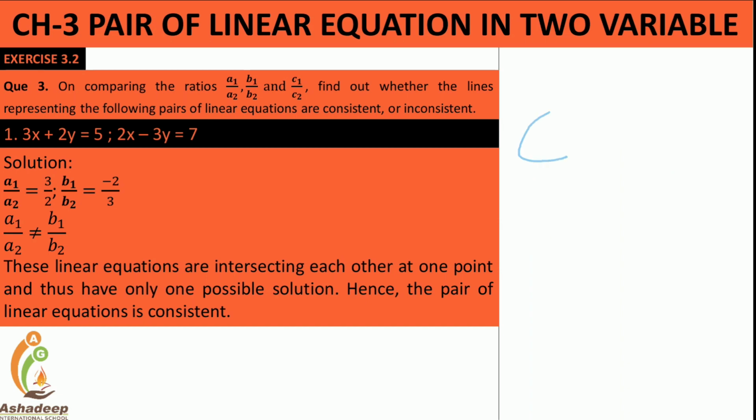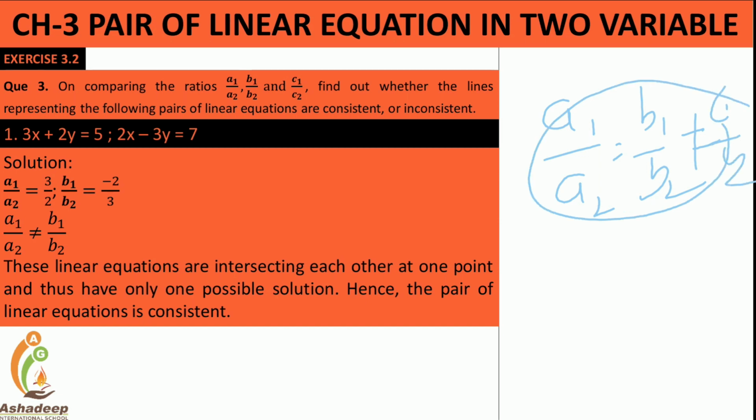Once again, it is consistent if we get the solution. It is inconsistent if we don't get the solution. Simple. So when can we say we don't have the solution? Only one condition: if a1 upon a2 is equal to b1 upon b2 is not equal to c1 upon c2.